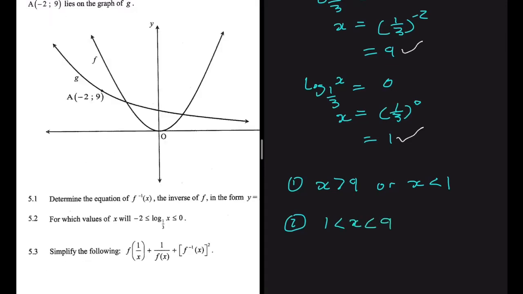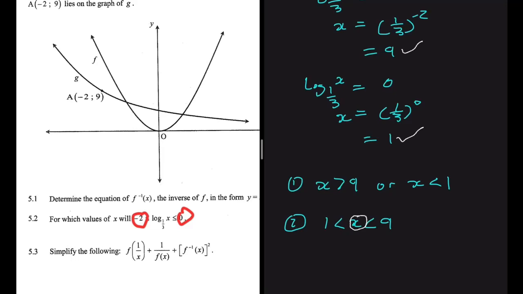The best way of doing it is substituting a value of x which is between 1 and 9, right? And if we get an answer which is between minus 2 and 0, then we know that that is the correct solution. And if that doesn't hold, then our first option will be our correct answer, right? So now we have log of x.